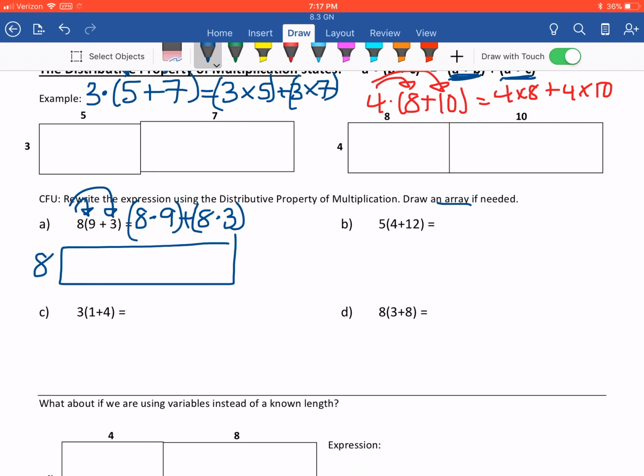Here's 8, here's 9, here's 3. 8 times 9, 8 times 3. This piece here, and this piece here, plus this piece here, and this piece here, are equal to each other.